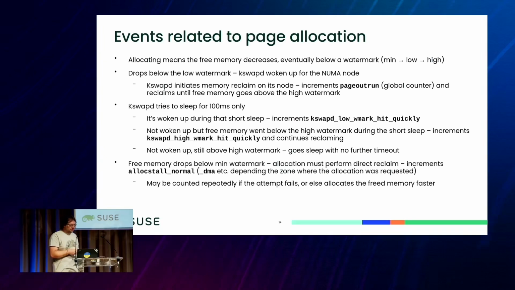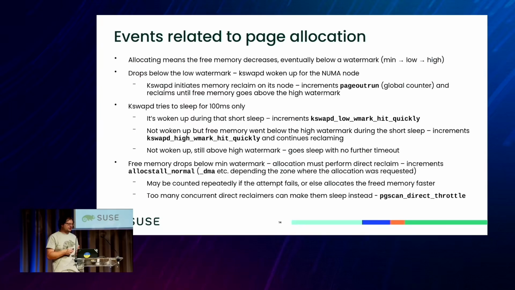And there's a counter for that called allocstall, which again distinguishes the zone from which the allocation was requested. And there can be multiple events per single allocation, multiple alloc stalls, because the reclaim might not be successful or somebody steals the memory faster.